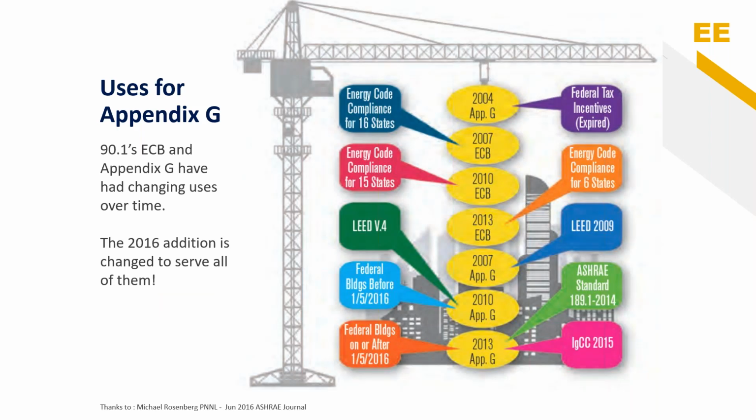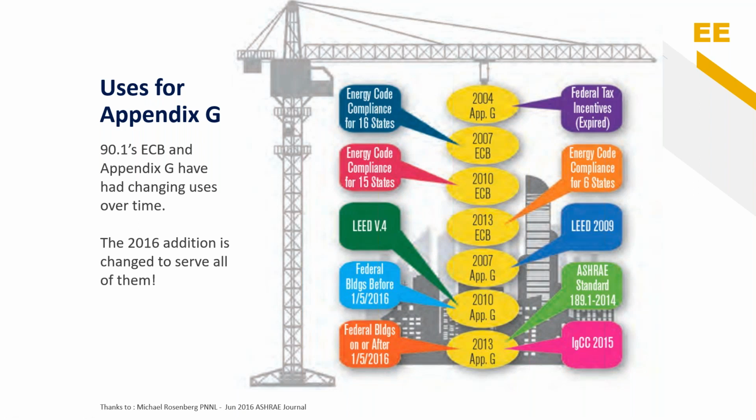So what is Appendix G and 90.1 generally used for? 90.1 as a standalone is not a code. It is not an energy code or anything of the sort. It is a standard. It can be adopted by a municipality or a user group to become a code. This graphic is intended to show that, for instance, Appendix G of 2010 is used by LEED, and that is the benchmark that they use.